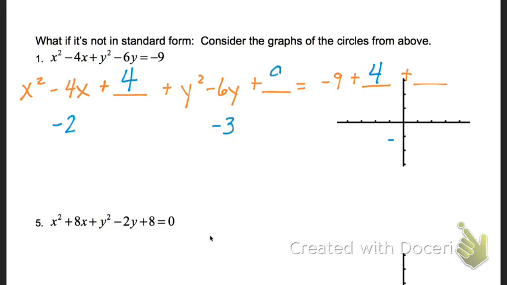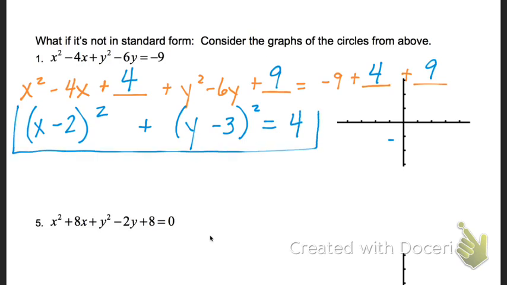Squared is 9. And then I'm going to rewrite it as (x minus 2) squared plus (y minus 3) squared equals negative 9 plus 4 plus 9, which is just 4. And I don't have to bring it back over because I want the number on the other side.